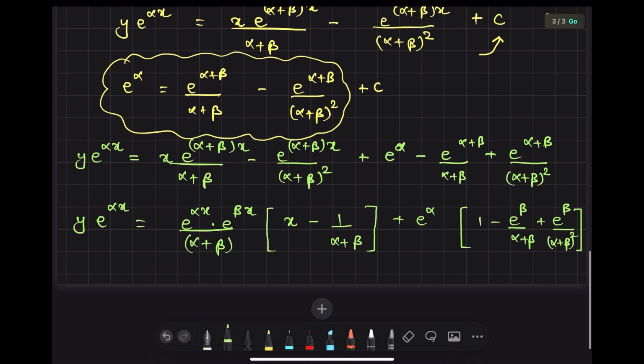Now what I will do, to find out the function, we will divide both sides by e power alpha x. So this thing will vanish and we will have e power alpha x. Okay, now we have to take some values for alpha and beta.